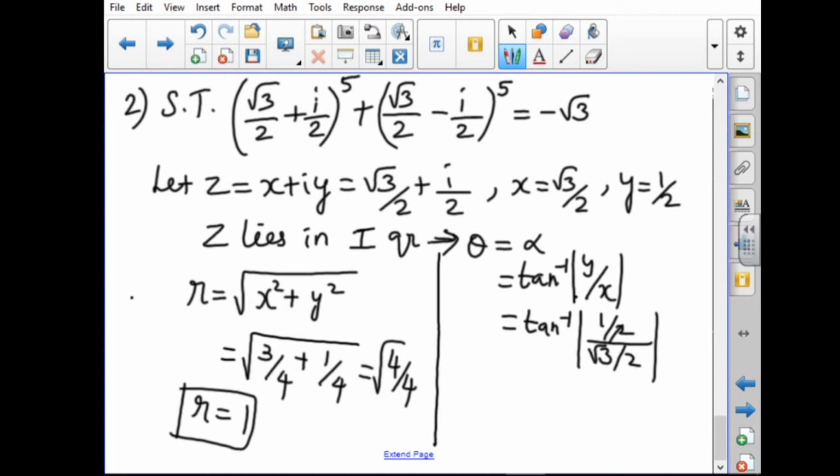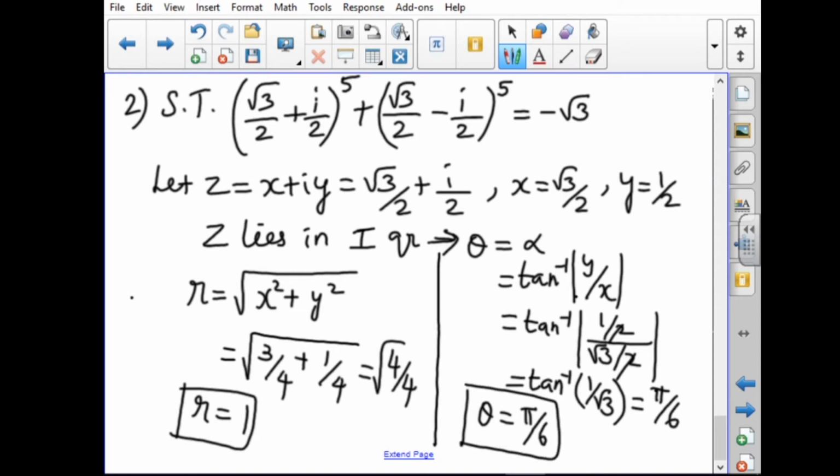When you cancel 2, you get tan inverse of 1 by root 3. Where do you get tan inverse of 1 by root 3? It is 30 degrees. So the radian for 30 degrees is pi by 6. So theta is equal to pi by 6. So we got theta.